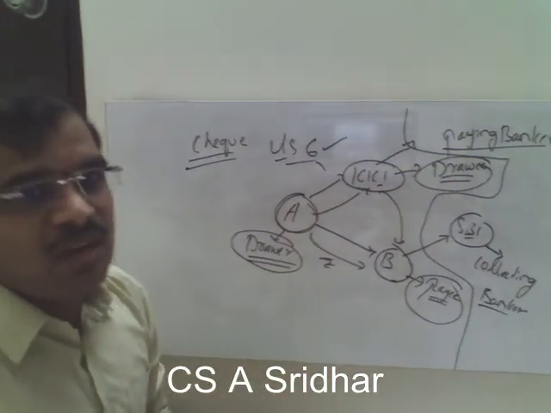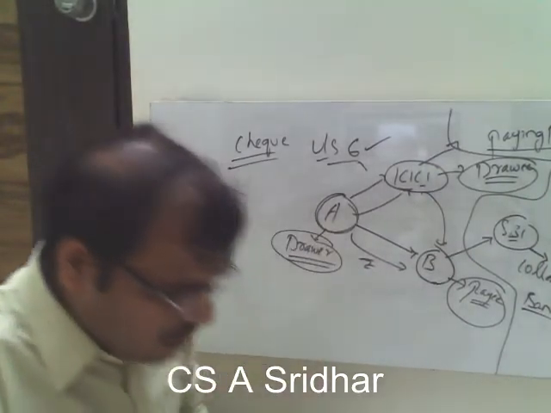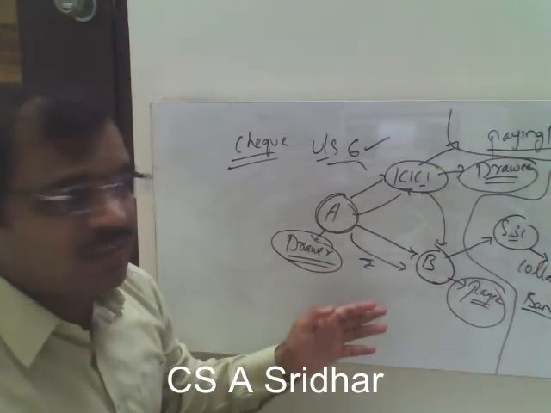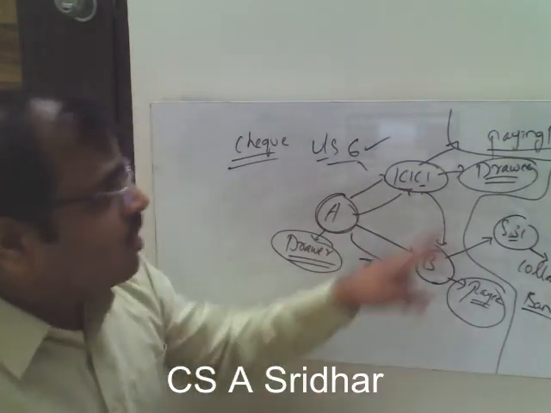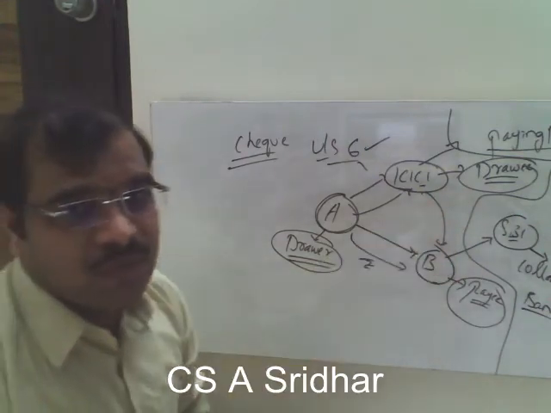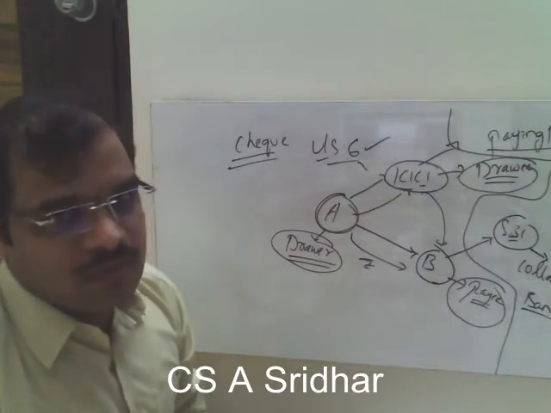A check is a bill of exchange drawn on a specified banker. So please note here, what is the basic difference between bills of exchange and the check? In case of check, always the drawee will be one of the banking company. So even the banking company must be specified.